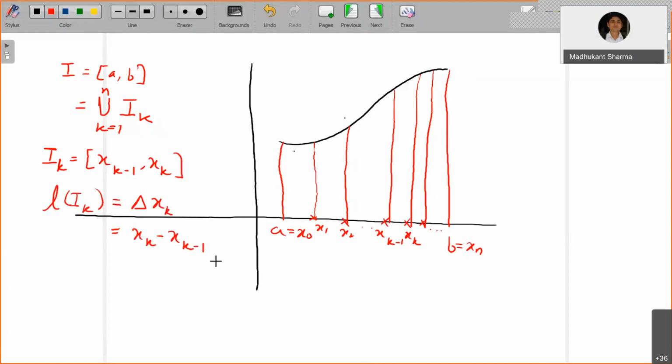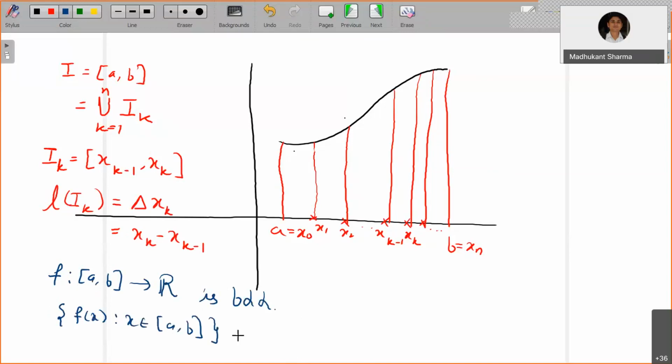Then the assumption we have made is that the function f, defined on the closed interval a b, of course we are talking only about real valued functions, is bounded. Which ensures that the set of f of x such that x belongs to I, that is, x belongs to a to b, is bounded.